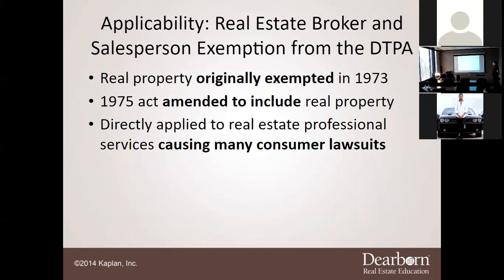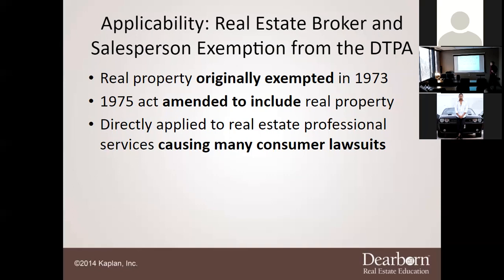So, the applicability of the real estate broker and salesperson exemption from the DTPA. Real property was originally exempted from this act, and that was in 1973, because it was kind of difficult to be deceptive in real estate in some situations. Most people knew about it, plus homes are not as technically advanced as they've become over the years.